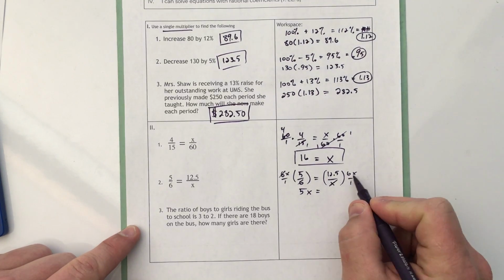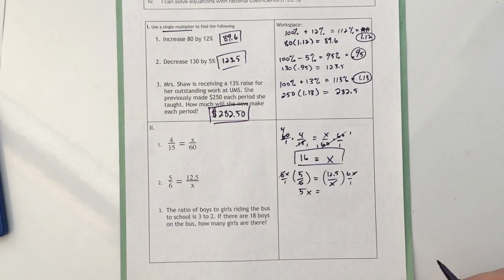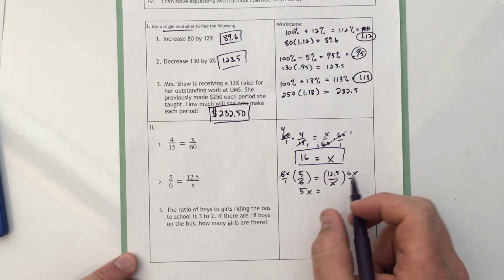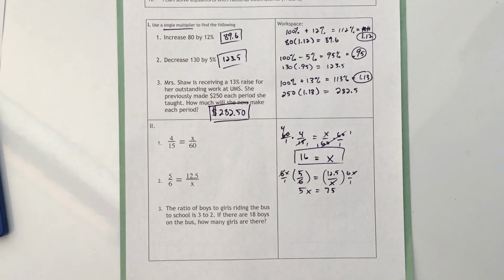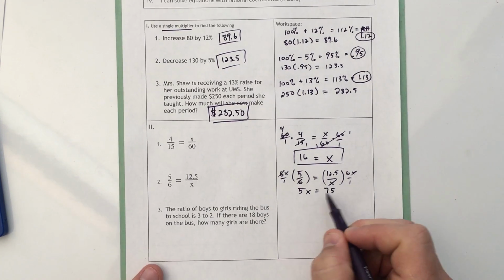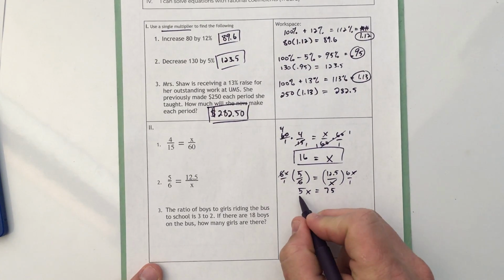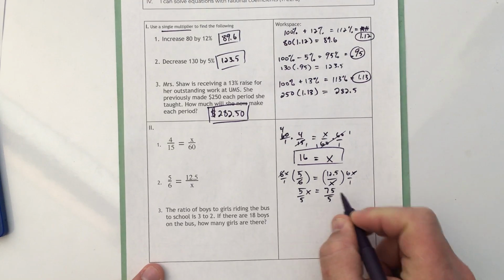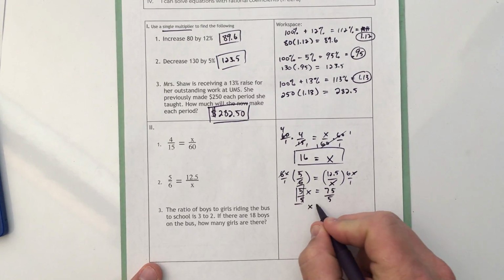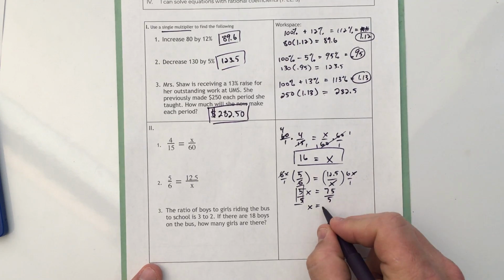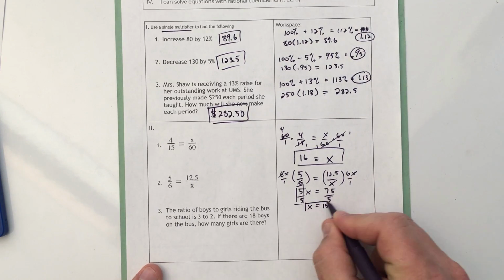On the right side, my x's cross simplify, and I have 12.5 times 6, which is, of course, 75. You could have checked that with a calculator. Now I have 5x equals 75. My last step is to divide by the coefficient, which is 5. 5 divided by 5 is 1. 1 times x is x. 75 divided by 5 is 15.